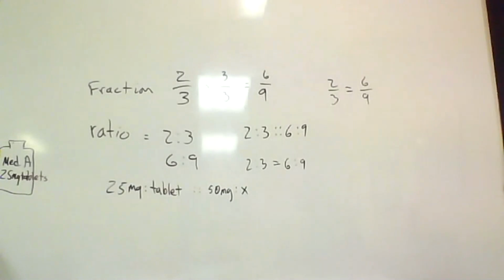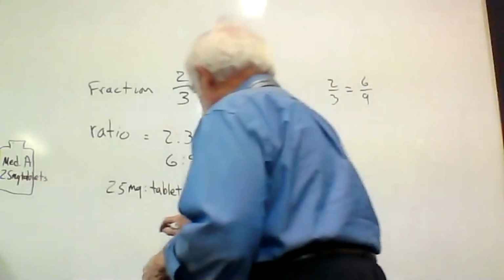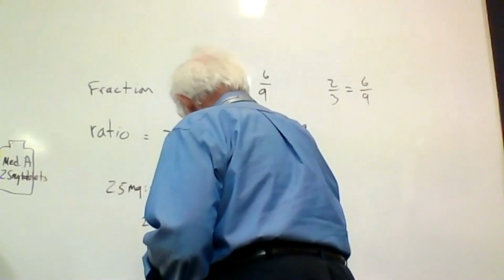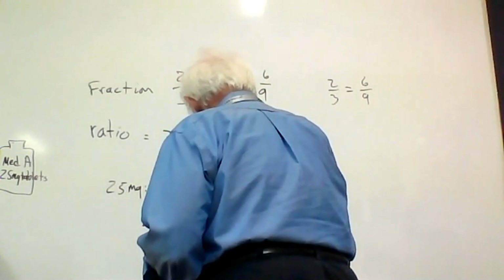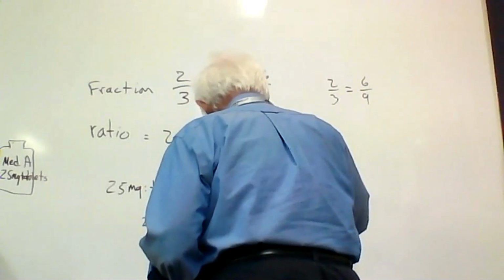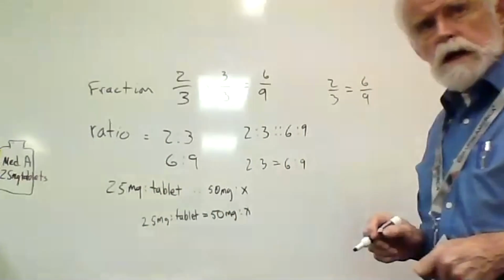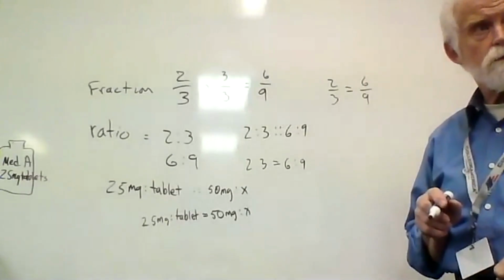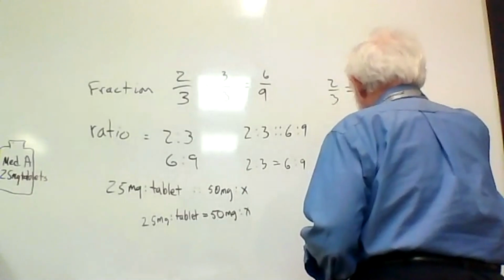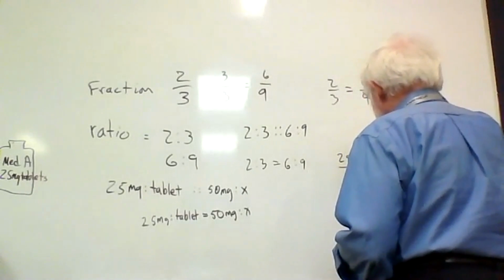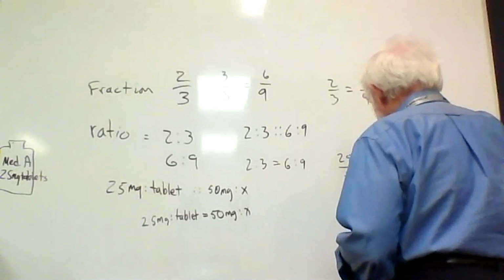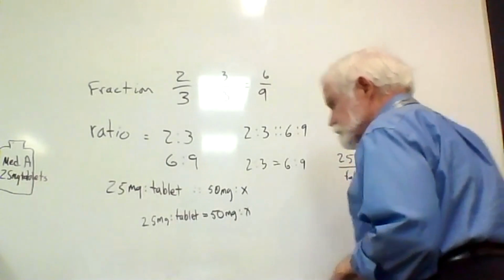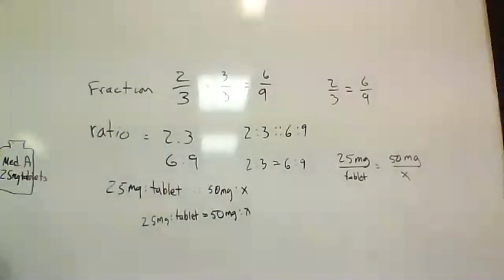Okay. Now remember, I said that this is the same as saying 25 milligrams is to tablet equals 50 milligrams is to X. And what I want you to remember is that we can now convert this into fractions. So we've got 25 milligrams over tablet equals 50 milligrams over X, X being what we're trying to find.